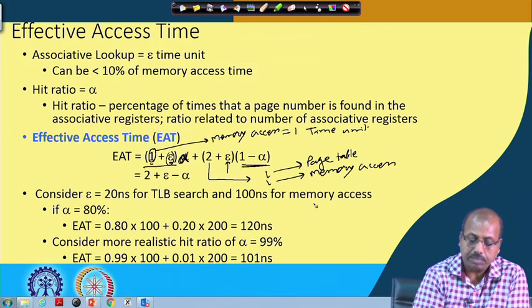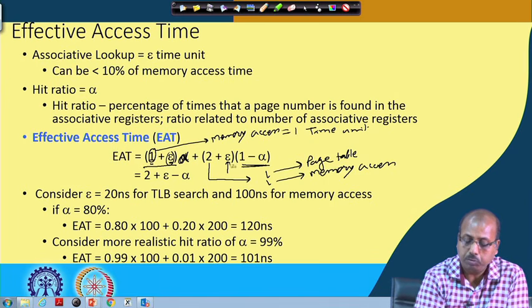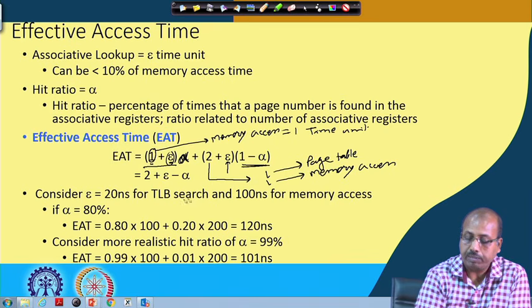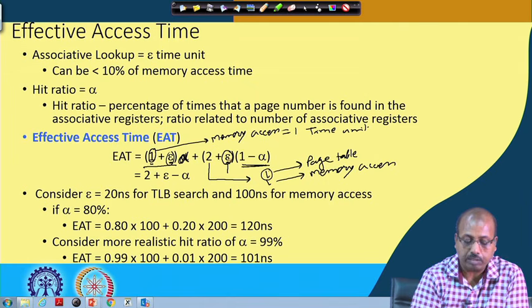So, this is going to be (2 plus epsilon) into (1 minus alpha). In fact, the epsilon in that case runs parallel with the page table access, so it can be ignored for a simpler calculation.